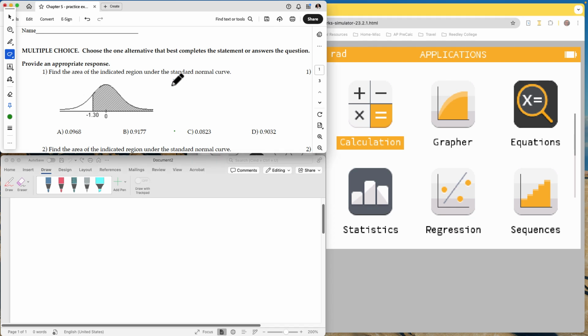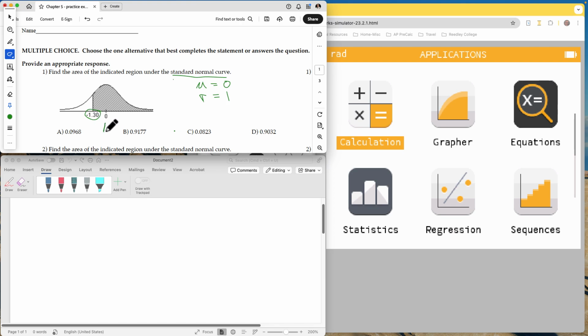When they're calling this a standard normal curve, remember the word standard means that the mean is equal to 0 and the standard deviation is equal to 1. We are given this value, which must be a z-score.